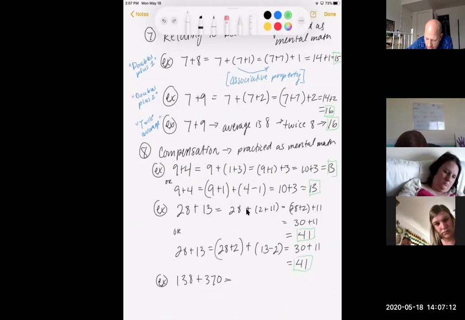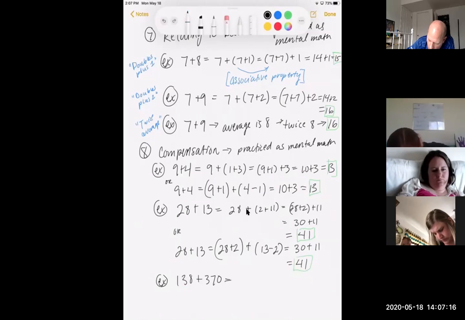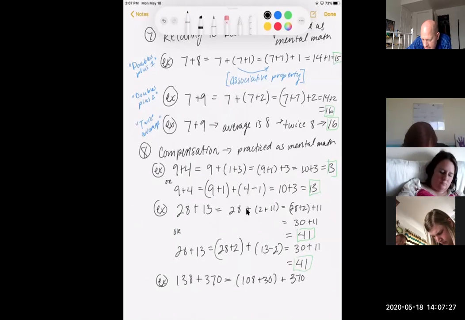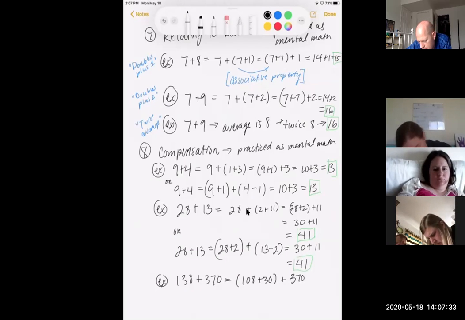I can pull from my 138 as well. So I'm going to say, okay, I'm going to break my 138 up into 108 plus 30. Okay, notice that I'm working with the other number to compensate. So you can work with both numbers in your addition problem, the first one and the second one, for compensation.